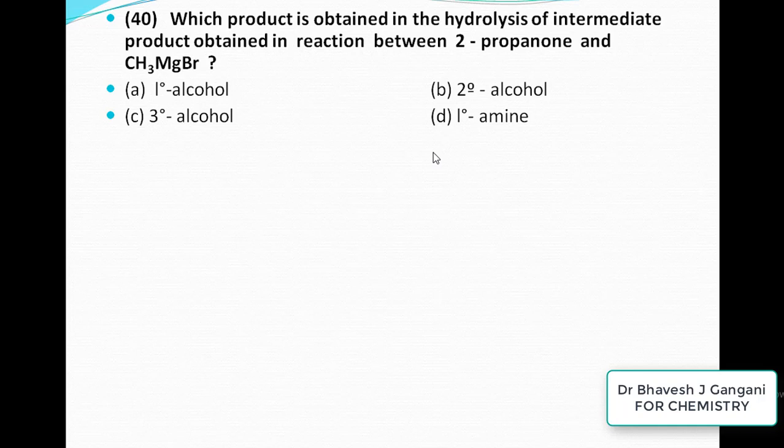So we get tertiary carbon containing species, which on hydrolysis gives us tertiary alcohol. So इस क्वेश्चन का आंसर होगा टर्सरी अल्कोहल. आप बुक में लिखिए प्रोपेनॉन की न्यूक्लियोफिलिक एडिशन रिएक्शन विथ मिथाइल मैग्नीशियम ब्रोमाइड, जो मिलेगा उसका आप हाइड्रोलिसिस कीजिए. You will get a tertiary alcohol, 2-methyl propan-2-ol.